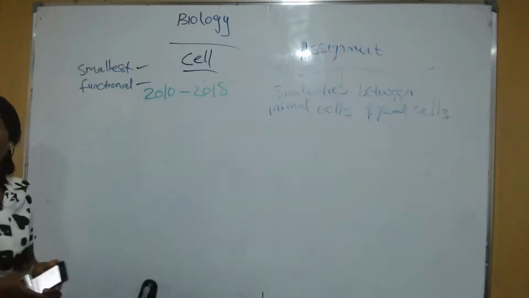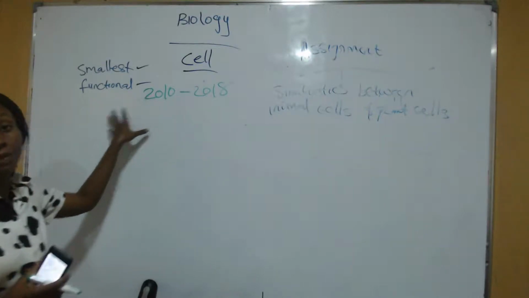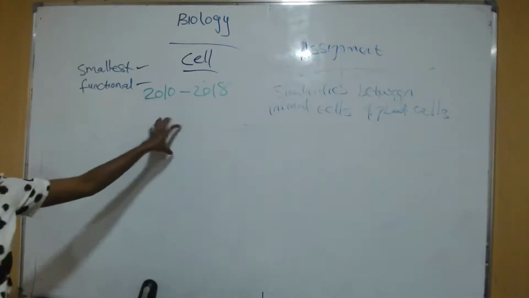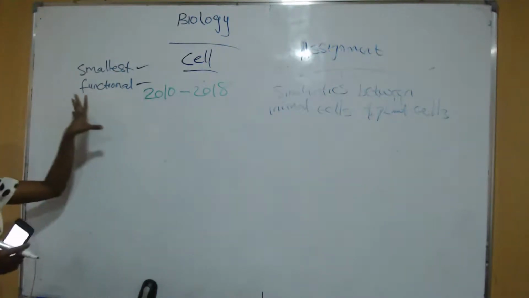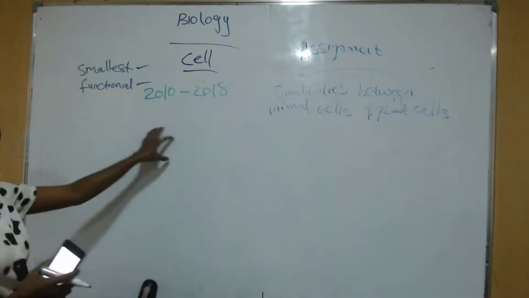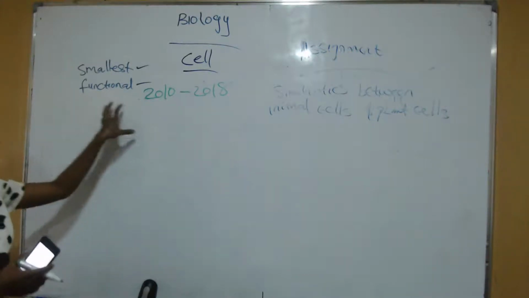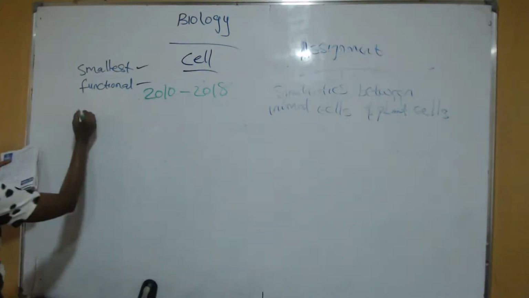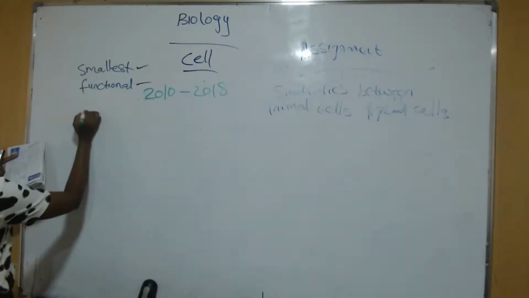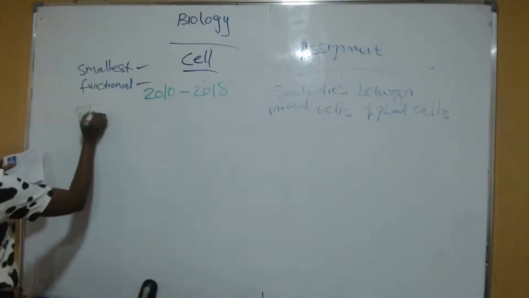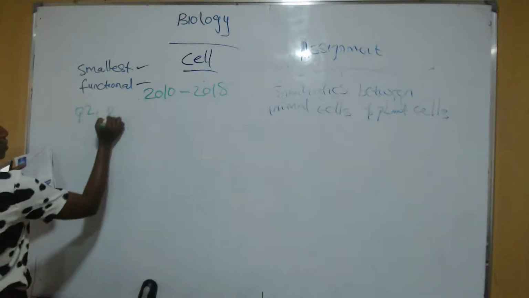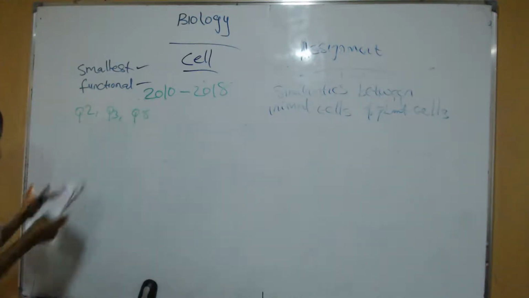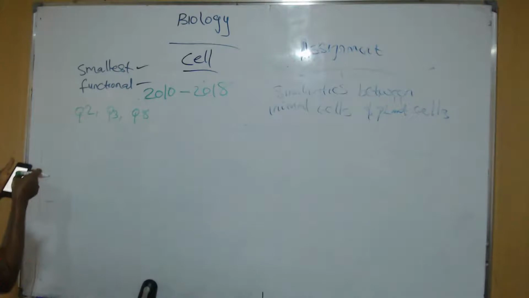These questions came in different forms. In some of them, they will give you the structure of a cell, label it, and then ask you to identify some organelles. In others, they will give you a structure, but ask you the functions of those organelles, what they do, and what they look like. They can be found on question number 2, question number 3, and question number 8. Now, I'll read them out.